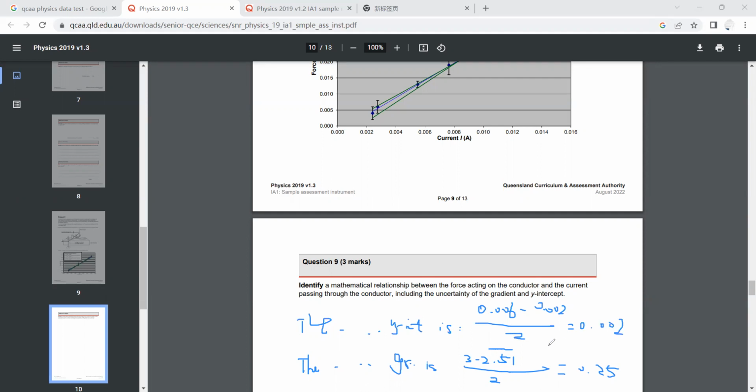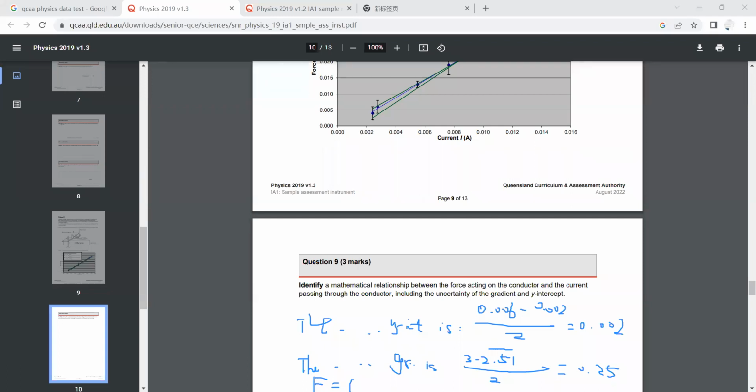Okay, and then lastly, the mathematical relationship between the force and the conductor. So F equals... what's the average one? 2.7?